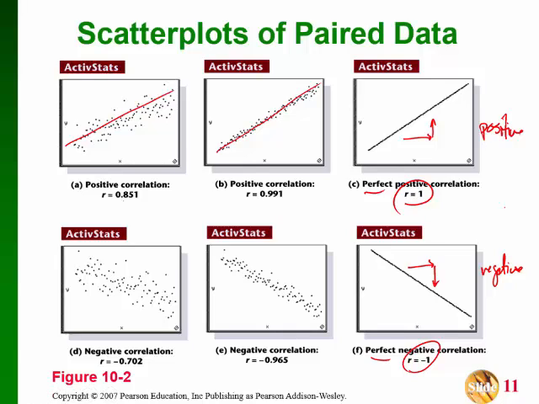Now, 0.85, or even 0.7, is actually a very good correlation. If you get something closer to 0, then that's not a very good correlation. And there are a couple of examples of that as well.